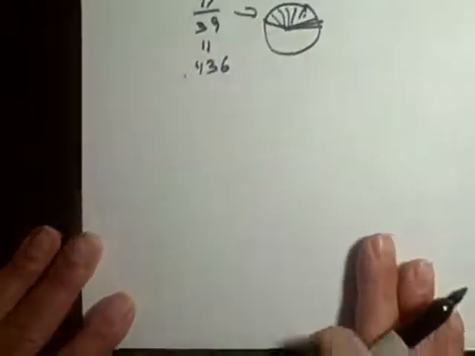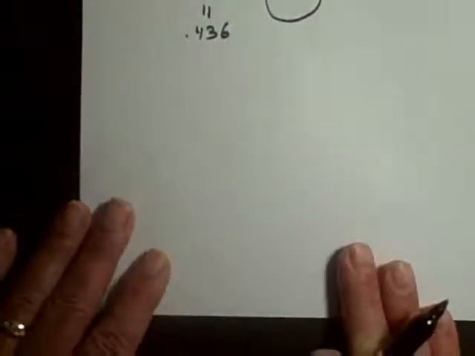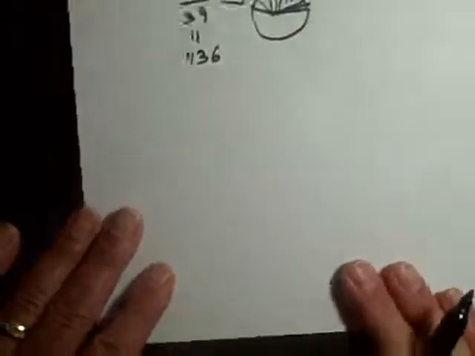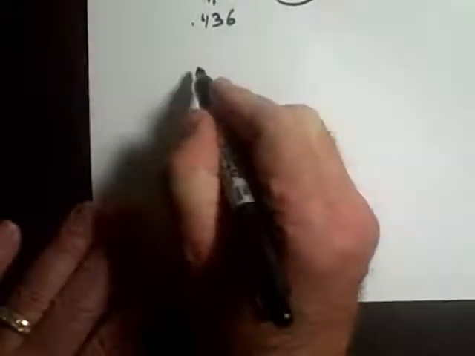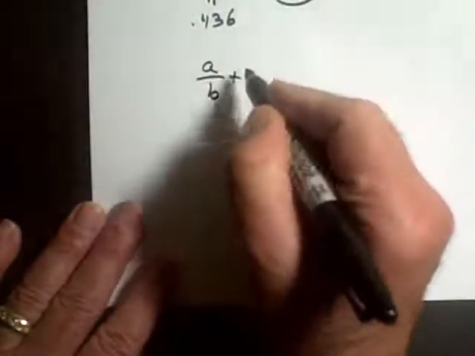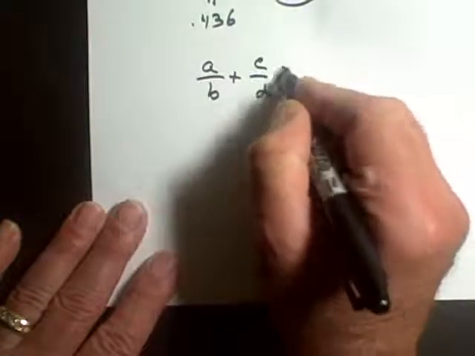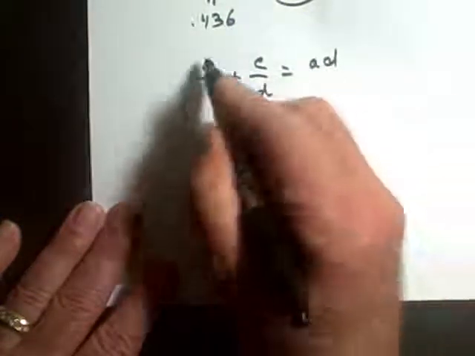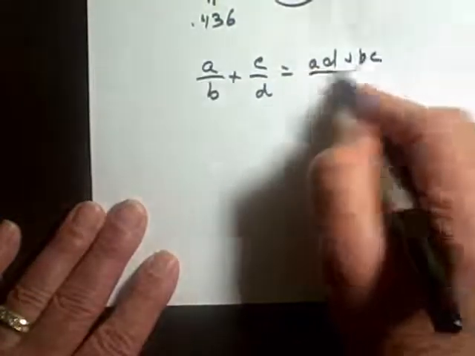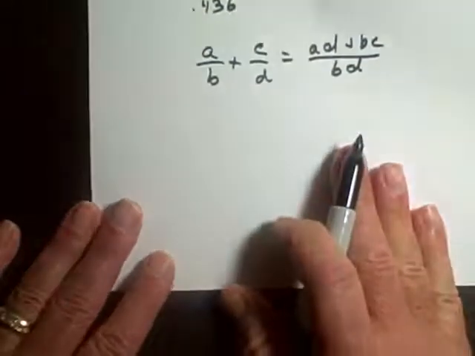The second thing is you have probably learned somewhere back in school how to add fractions. The formula for adding fractions is to take a fraction a over b, add it to a fraction c over d, and that's ad plus bc divided by bd, and then you try to reduce that to lowest terms.